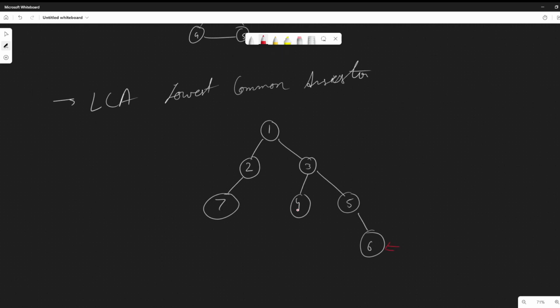6 and 4, we basically have to find the parent node which combines both the nodes. If we come back, we will find that 3 is the parent of both the children. So LCA of 4 and 6 is 3, not 5, because 5 is not connected with 4.